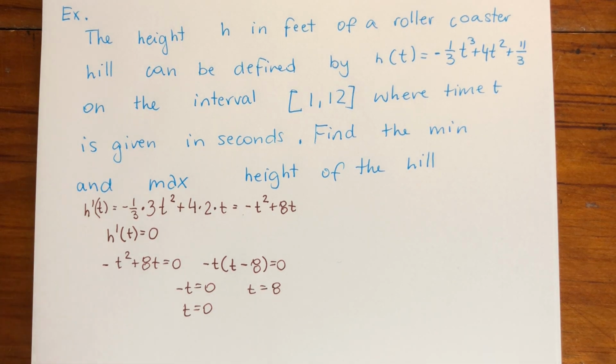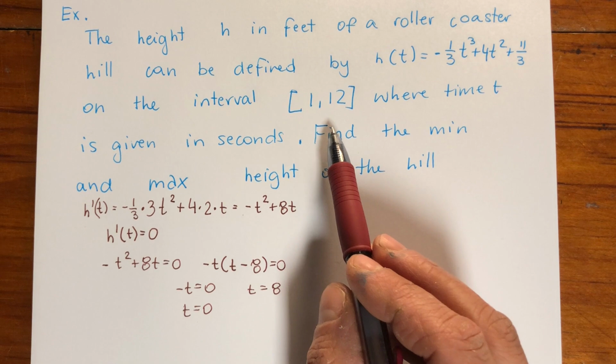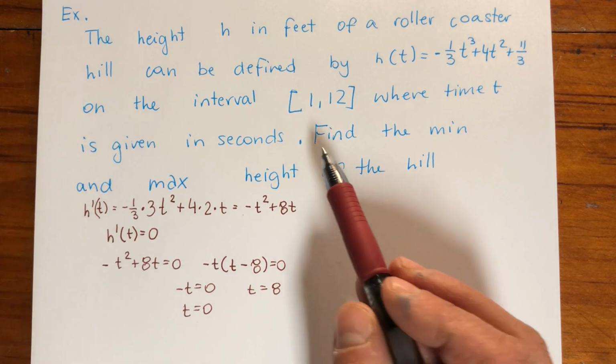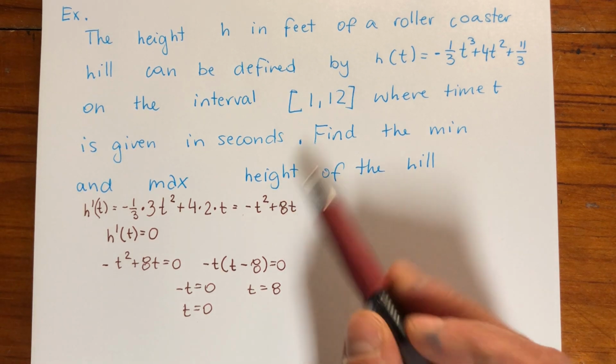All right, now are those 2 points worth considering? 0 is not within our interval, so we are not going to be looking at 0 at all. But what we do need to look at is our endpoints.